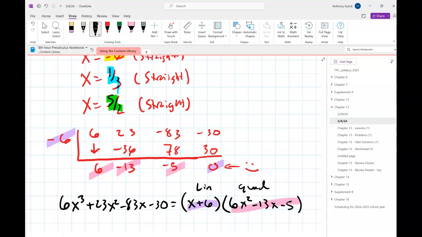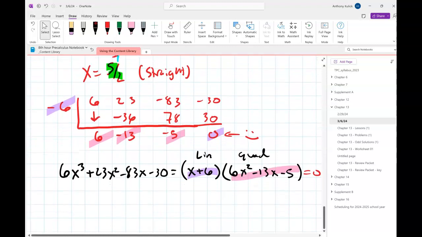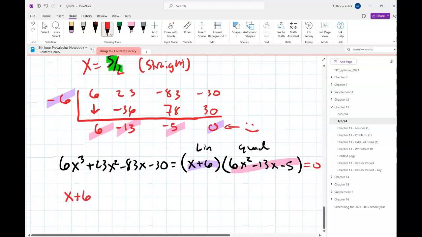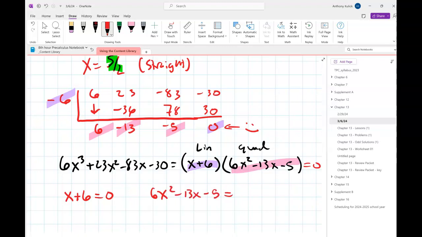Yup. Do you know how to solve every single quadratic equation? Yup. So right now, even though this might be able to factor more, I can just go about setting it equal to 0 and solving these 2 things separately by applying the 0 product property.